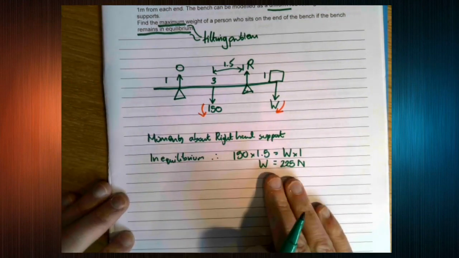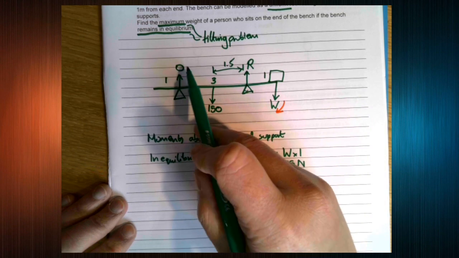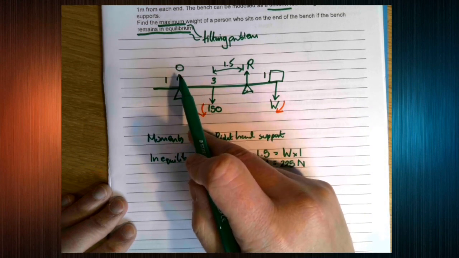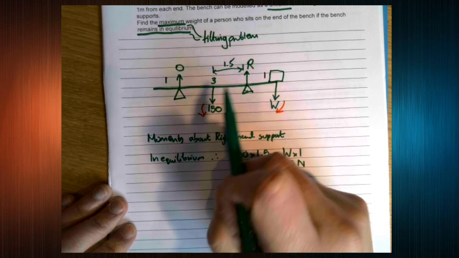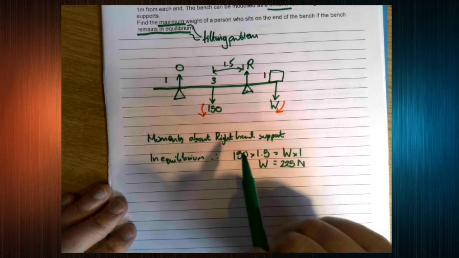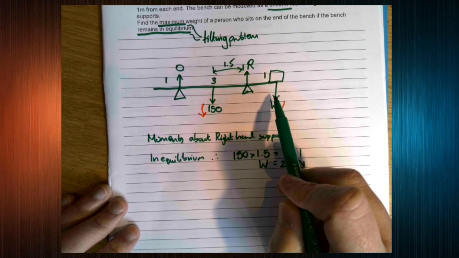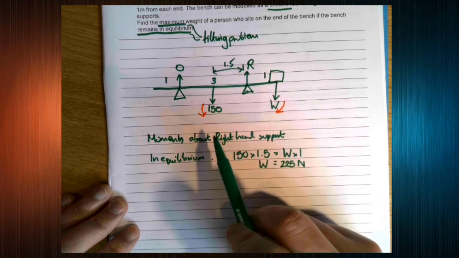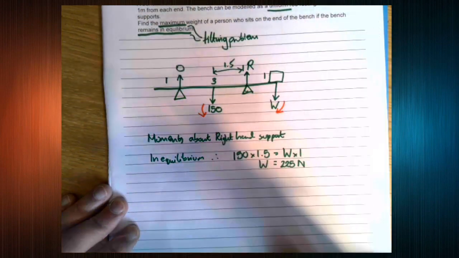So this is the maximum weight because we've said that this force is 0. If this force isn't 0, if this is more than 0, then it's not on the point of tilting, so this is not the maximum weight. If the weight is any more than this, then the resultant moment will not be 0, because it will then move.